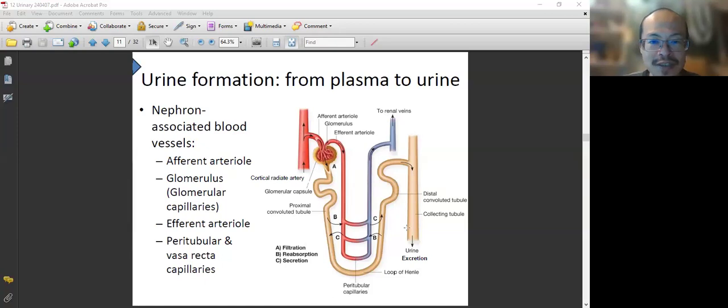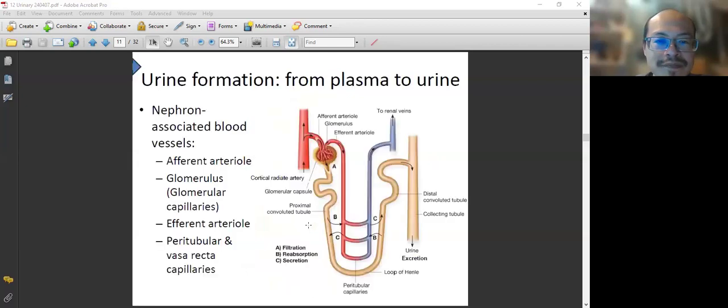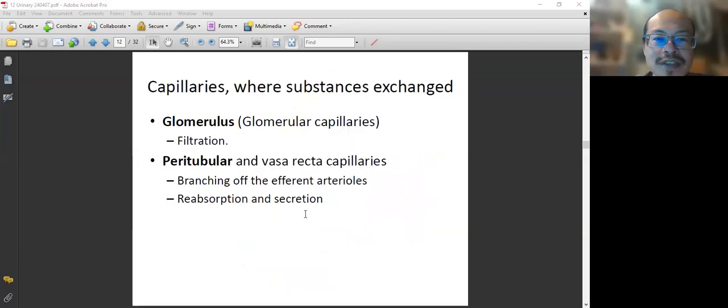So that's that. From this picture, I summarize the blood flow. The next one, I will tell you the nephron. And I think I did it earlier already. So this is the structure of the nephron: Bowman's capsule, proximal tubule, loop of Henle, distal tubule, and collecting tubule, collecting ducts. So here to summarize, the only two places we have substance exchange on the blood vessel side.